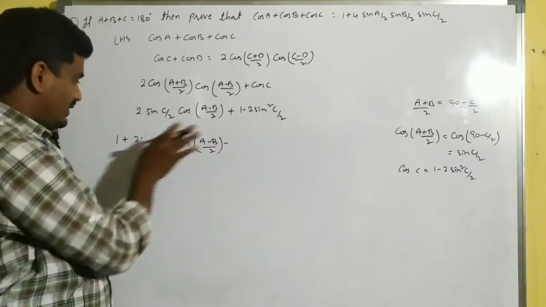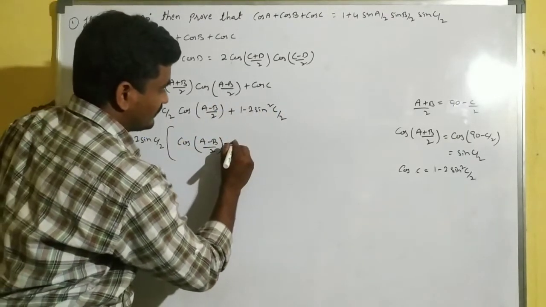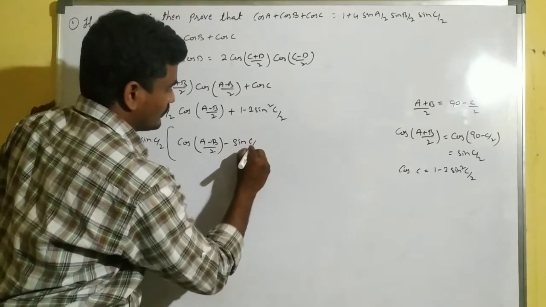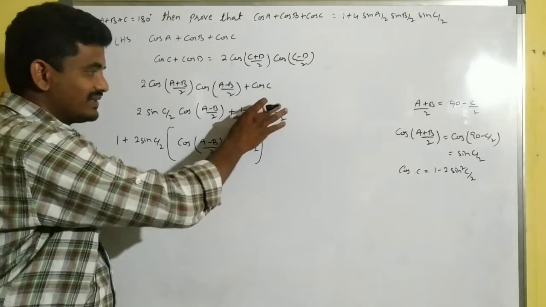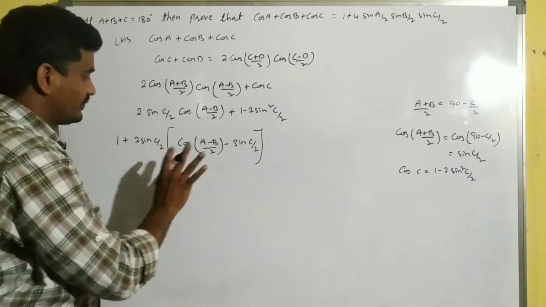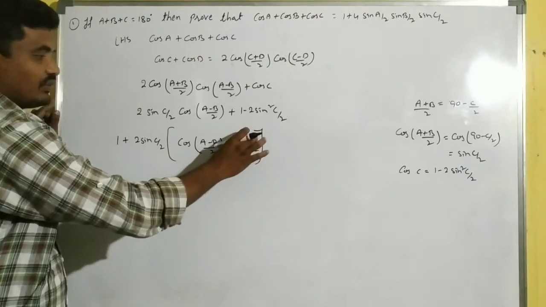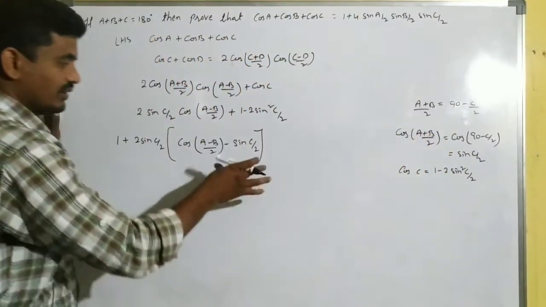When I take 2 sin c by 2 common, one more sin c by 2 is left here. Sin c by 2 square is there, one I have taken already common, one more is left here. Next, we already know sin c by 2 equals cos (a plus b) by 2. That I am going to write here.